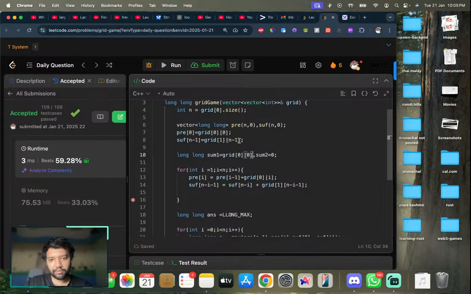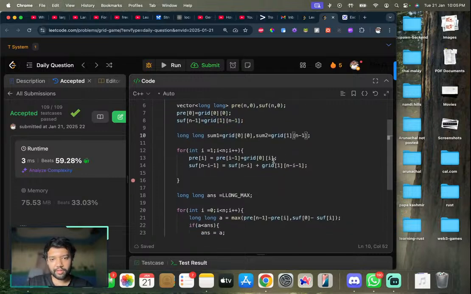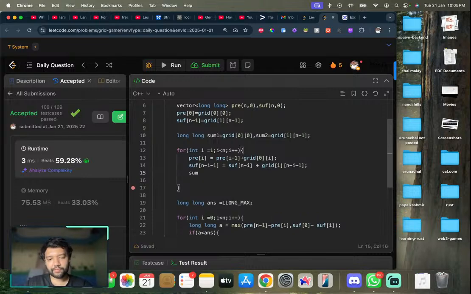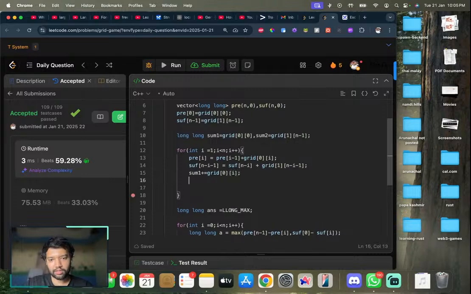Sum two is equals to this, and sum one plus equals to, sum two plus equals to, cool.